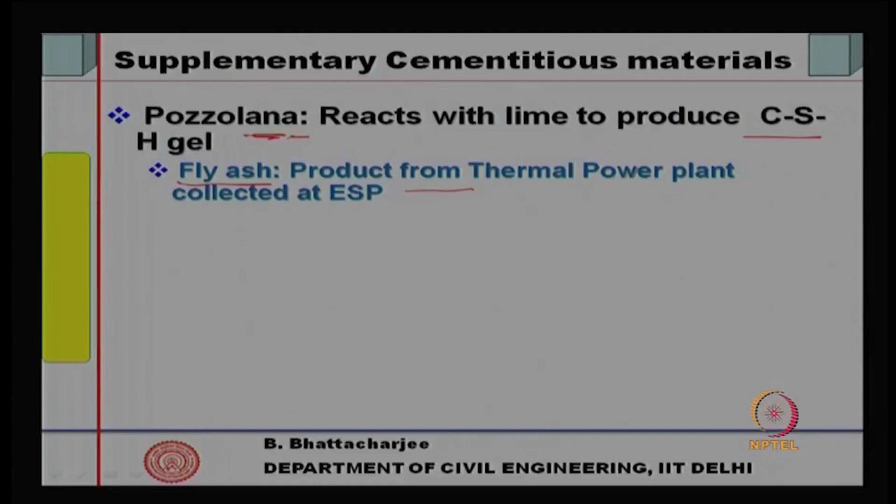Now, consider this material, fly ash. It is a product from thermal power plants, collected at electrostatic precipitators. I will discuss this in more detail when we talk of mineral admixtures.